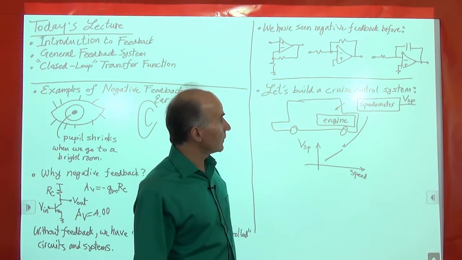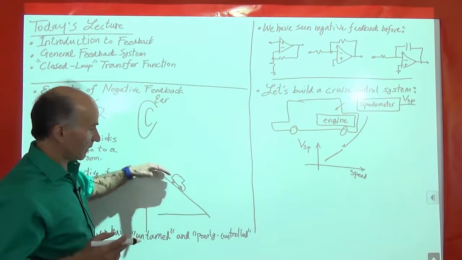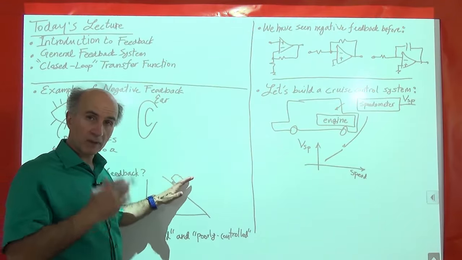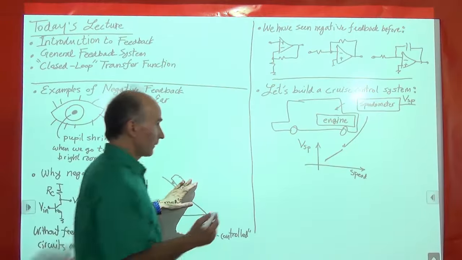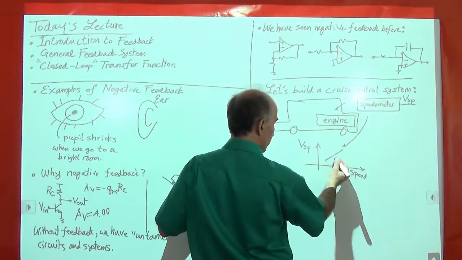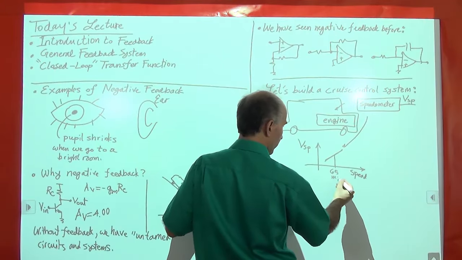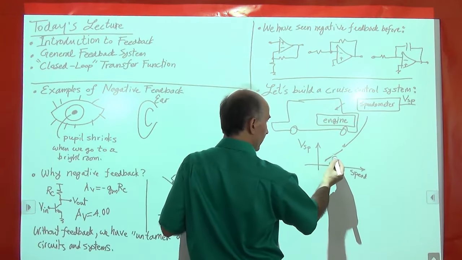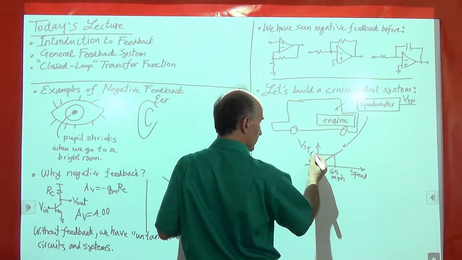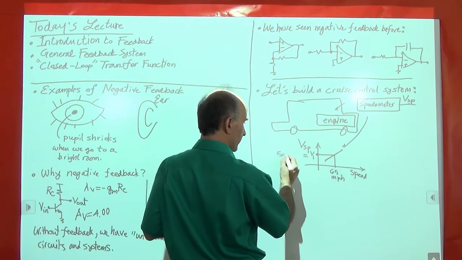Okay. So my objective is to make sure that even though I'm driving on a slope, the speed of this car is a certain amount. So let's say 65 miles per hour. So if the speed of the car is a certain amount, so let's say 65 miles per hour, then the voltage coming out of the speedometer is known. So let's call that V1. For example, 500 millivolts, right?